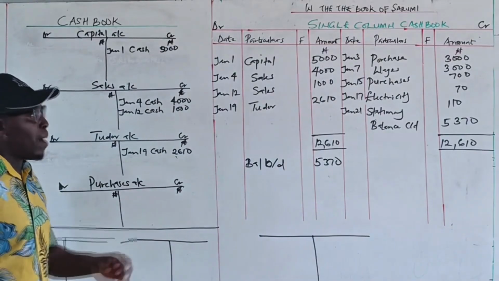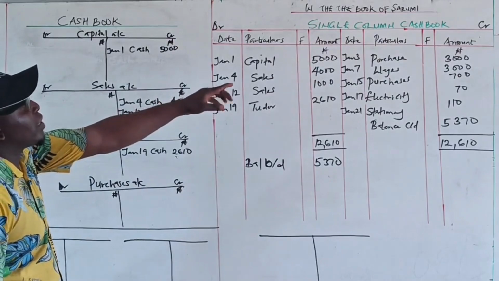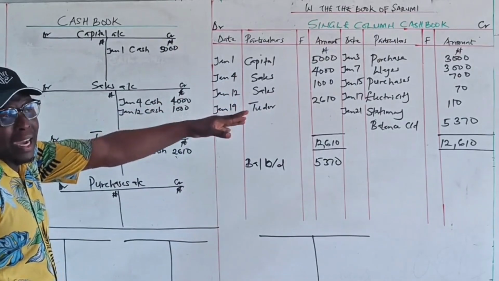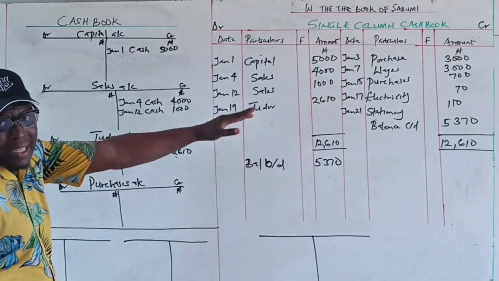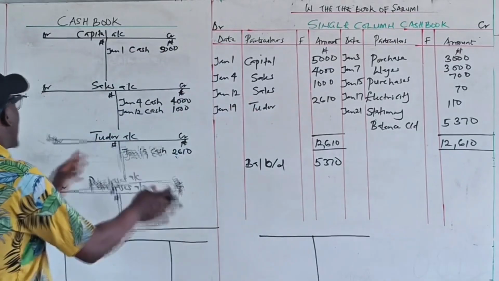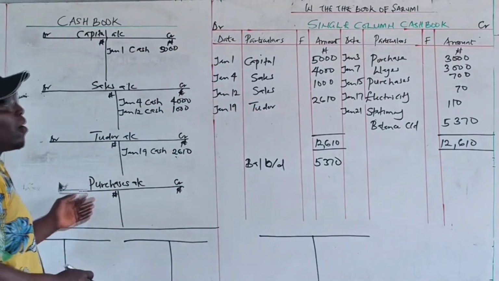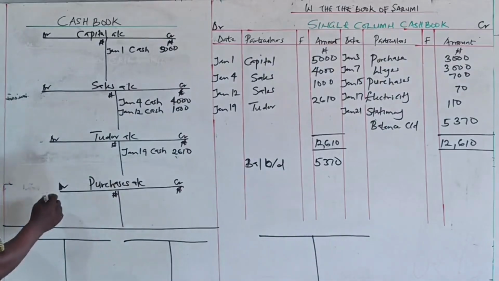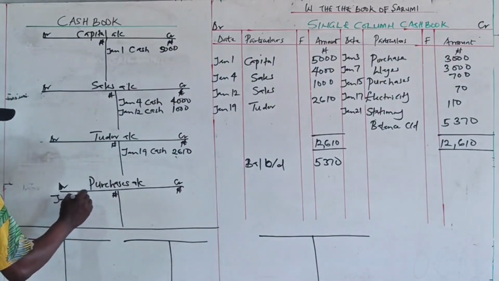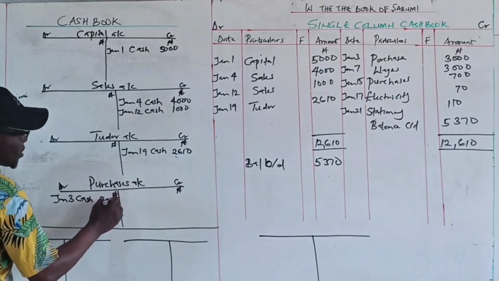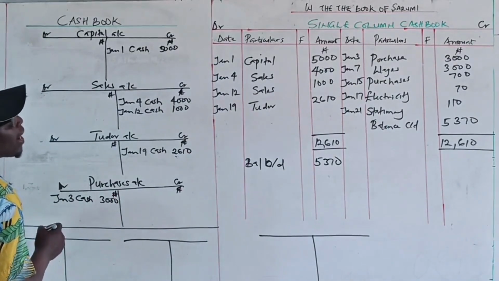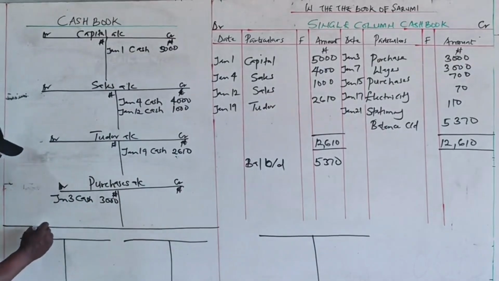Mind you, my purchase account is on the credit side, which is my payment side. So I'm going to take everything I have on my payment side, which is the credit side, to the debit side of the respective ledger. So I have January 3, cash, 3,000 naira.